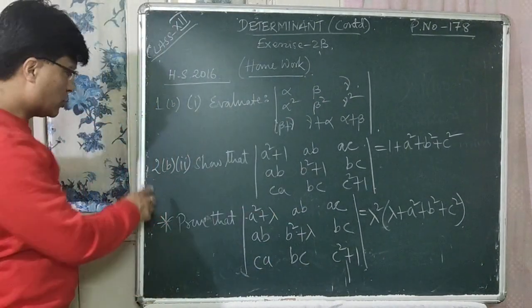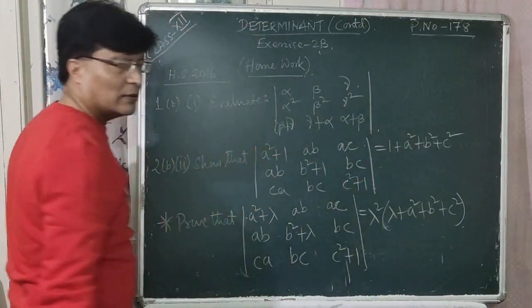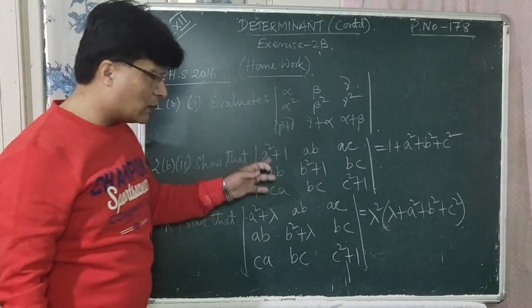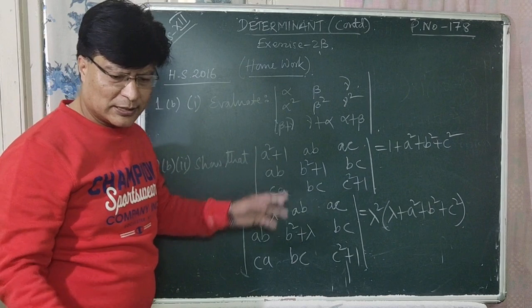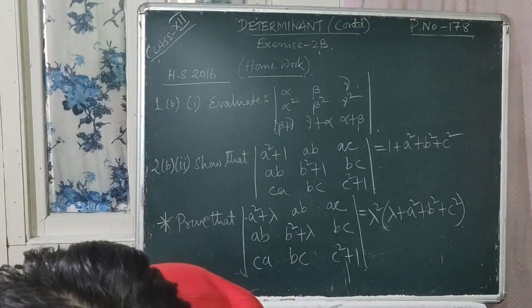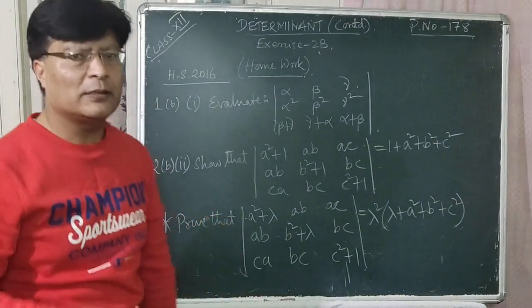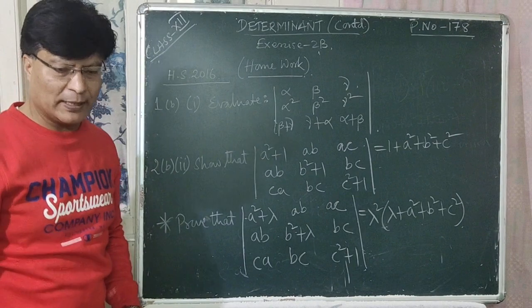Okay? So this is to be number 2, so that this determinant is equal to the right hand side. So we have done this type of problem. Okay? This is the same as the problem we just did, that is question number 44. Okay?